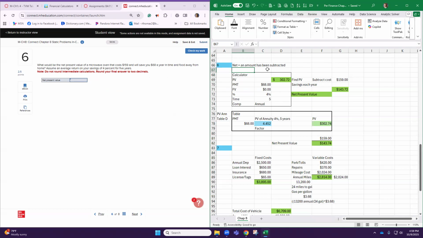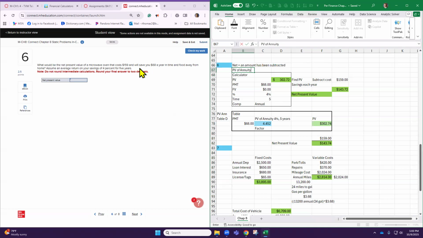So let me put this down. So we're going to calculate the present value of an annuity because it says we're going to save $68 a year by having this microwave. And if we put away the savings for 5 years at 4%, what's the net present value of this endeavor?